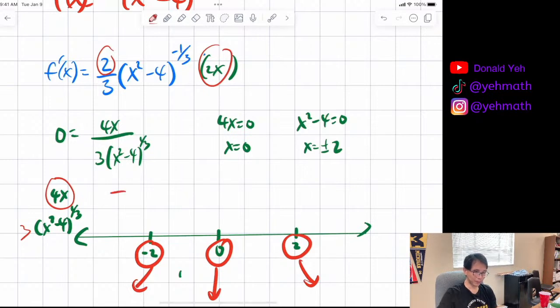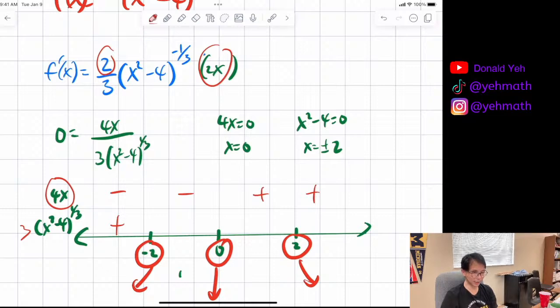So I'm gonna plug in a number: negative, negative, positive, positive. Why? Because if you plug a negative number into 4x, it's gonna be negative. If you plug in a positive, it's gonna be positive. Now, if I plug in something less than -2, let's say -3, -3 squared is 9. 9 minus 4 is 5. Cube root of 5 is positive. What happens from -2 to 0?